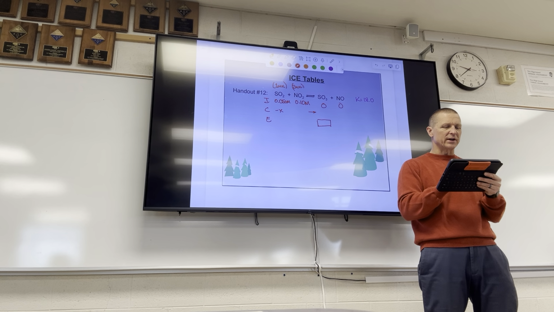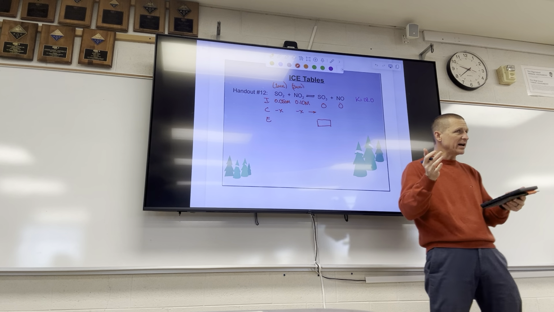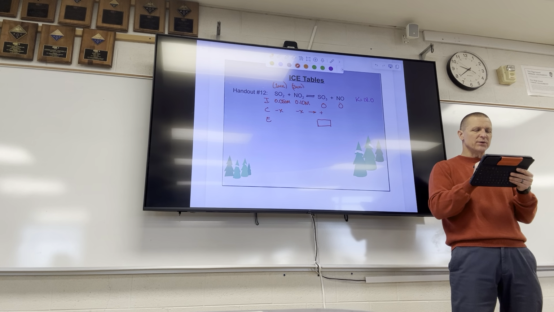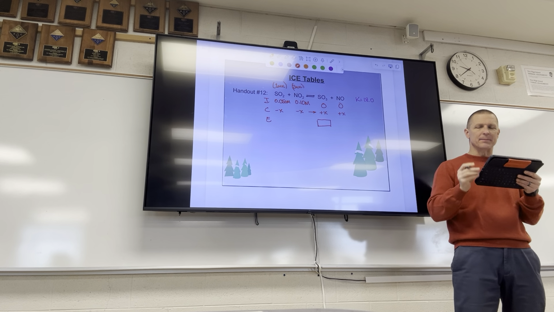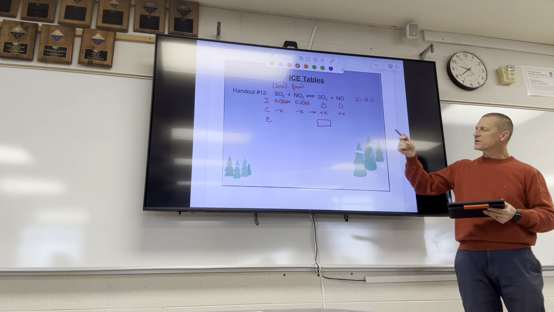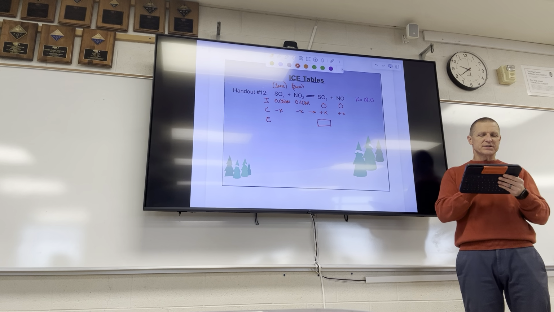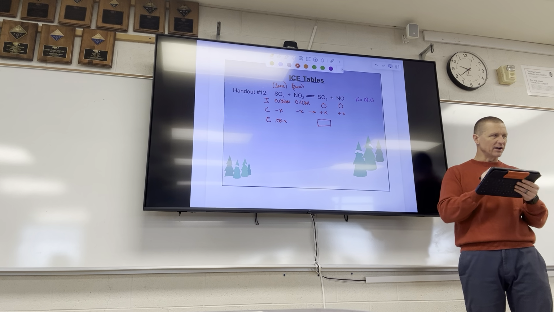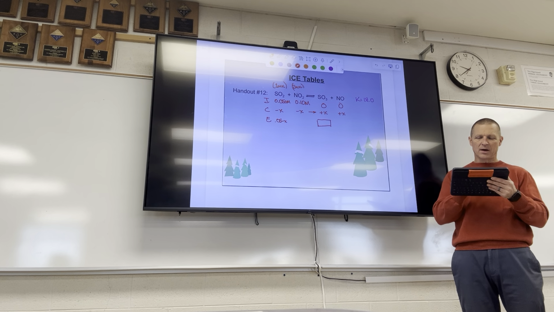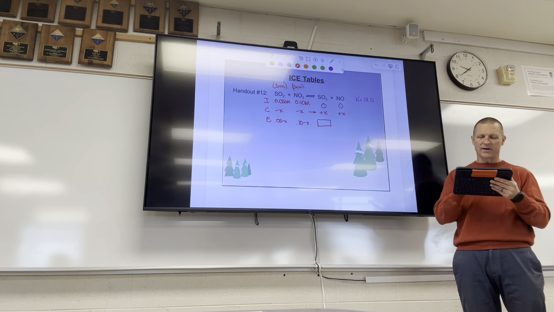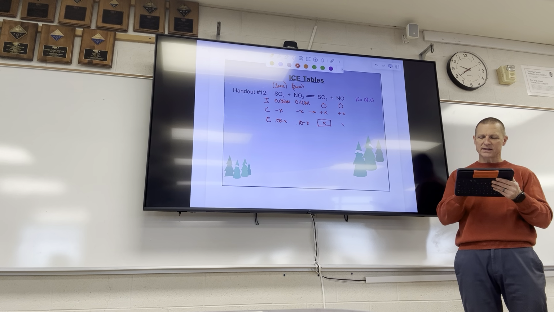So the reactants are going to go down by some amount we'll call x. And as they do that, the products are going to go up by that amount as well. Because all the coefficients are 1s, our x terms are all the same. So at equilibrium, we have 0.05 minus x molarity of SO2, 0.1 minus x of NO2, x and x of the 2 products.